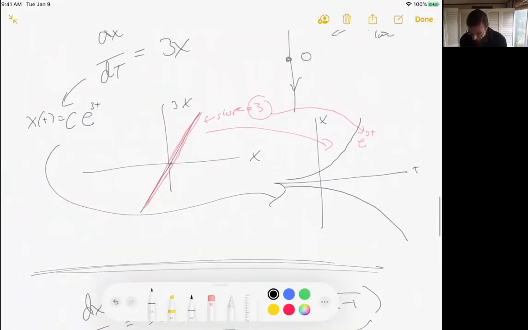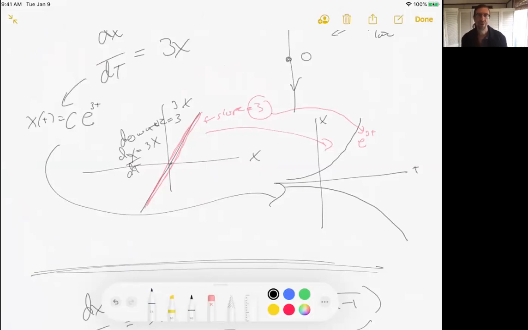So here, if the derivative is 3, then the function is 3x. If the derivative equals 3, then the function is y equals 3x, or dx/dt equals 3x is the system.